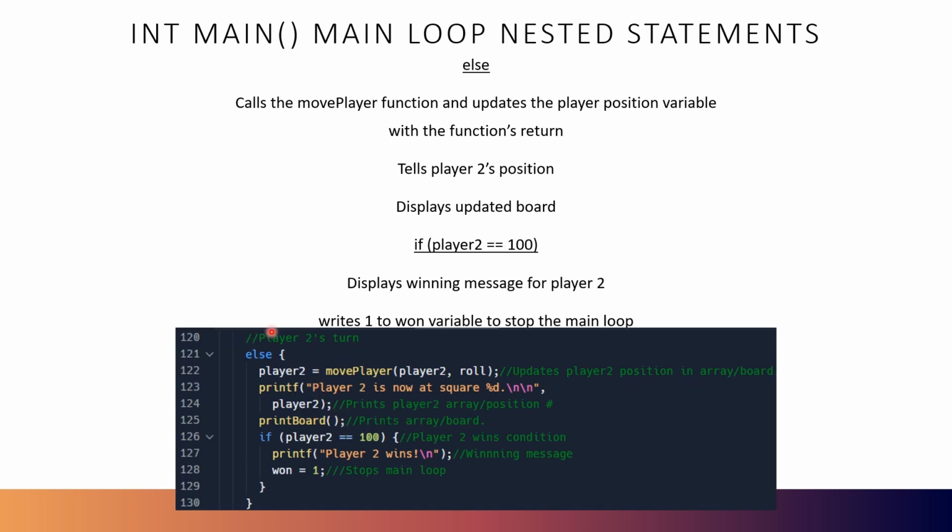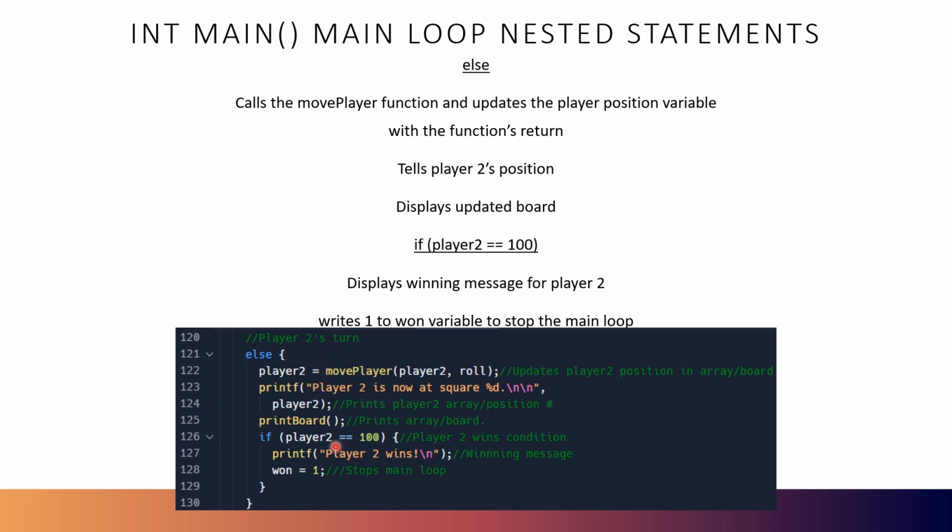The next portion is exactly the same as the previous one. It's just starting with an else statement. In this case, it initiates the else statement if player 2's turn is valid.